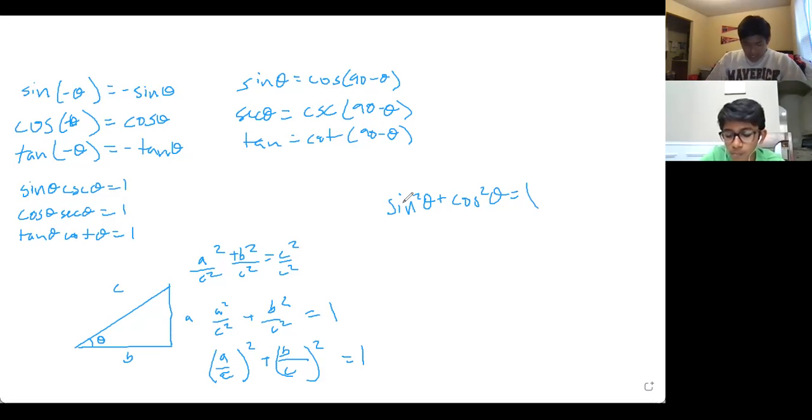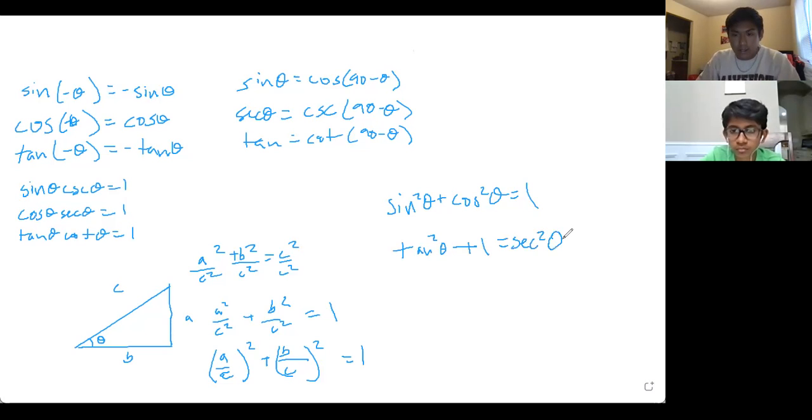Let's say, I'm just going to give an example just to make sure you're following me. Let's say I have tangent squared theta plus 1 equals secant squared theta. How am I going to prove this? Because remember, we're proving it. I would personally convert everything to sine and cosine.